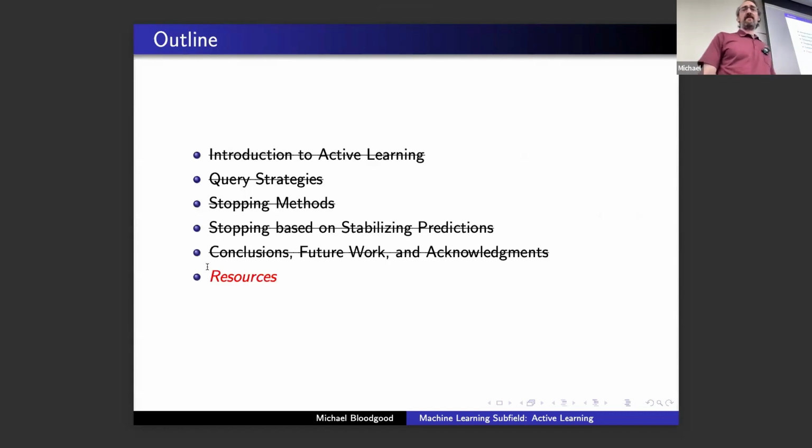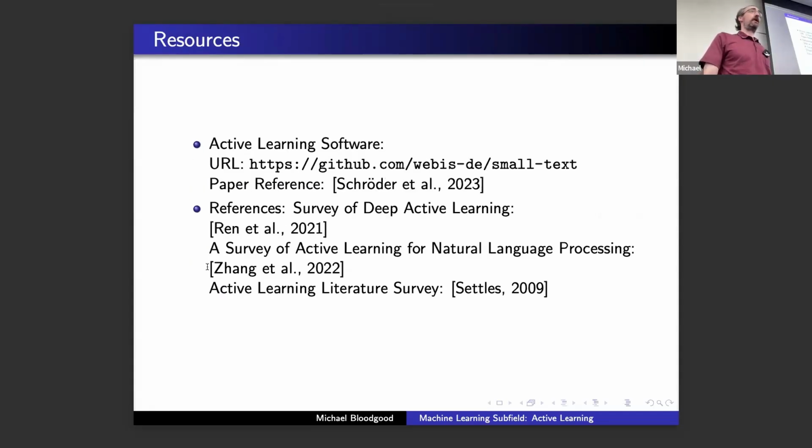And before we leave, if some of you are interested in learning more about this, or you want to use software to start running your own experiments, here are some nice resources. There have been several active learning software packages that have come out recently. We're using this one called Small Text. The lead creator is Christopher Schroeder, from Leipzig in Germany.